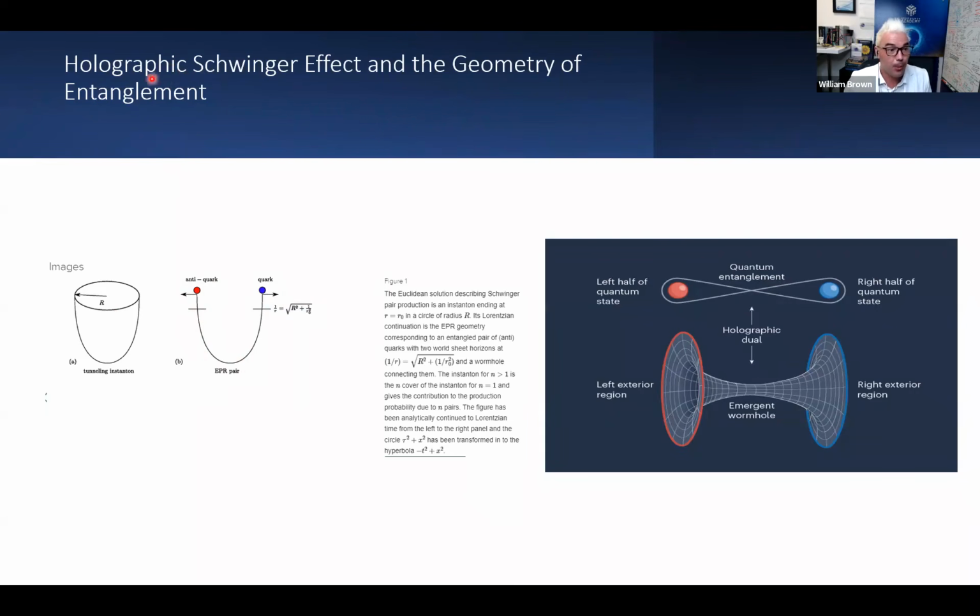And there was a report on the holographic Schwinger effect and the geometry of entanglement, where they were showing how this mechanism of the Schwinger effect is a way to realize what's called the Wheeler wormhole.